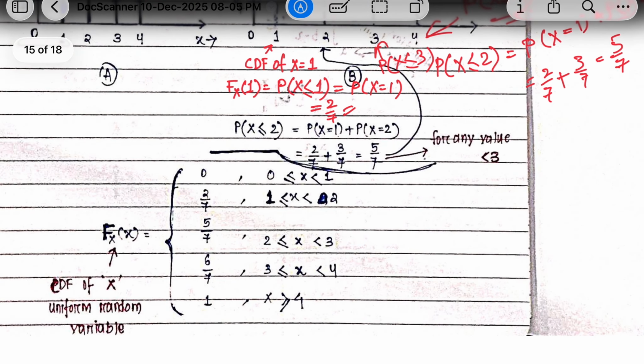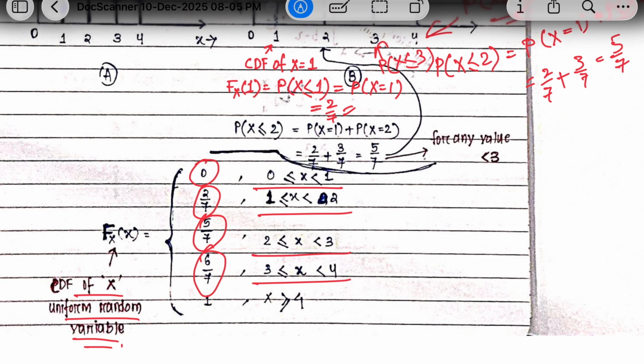Then the CDF of the given random variable is written like this: 0 for values below the minimum, and 1 for values greater than or equal to 4.